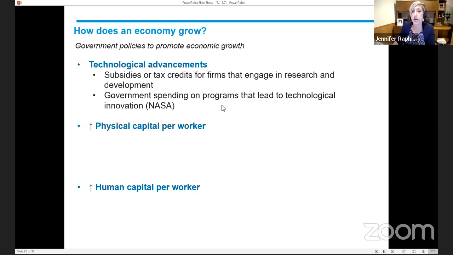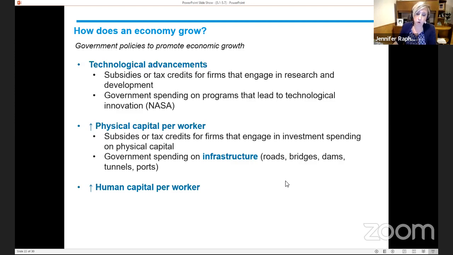So like the National Science Foundation, the National Institutes of Health, the US Department of Agriculture. You're hearing in the news about government agencies whose research leads to technological innovation that can be applied to the economy as a whole. Government policies can also affect the amount of physical capital per worker.